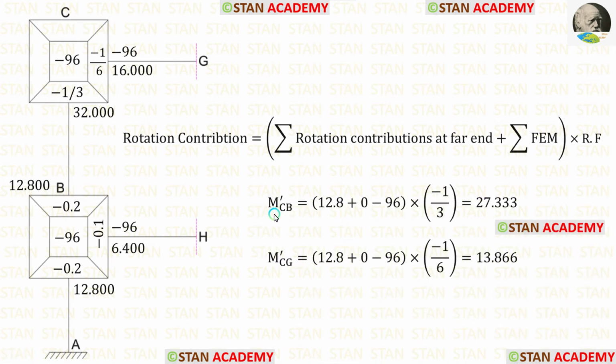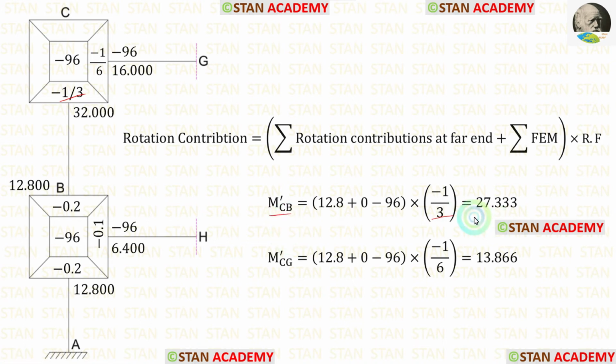Let us find M'CB. Now at point B, we have the rotation contribution 12.8. We know that at point G, the rotation contribution is 0. The summation of fixed end moments is minus 96. The rotation factor for CB is minus 1 upon 3.